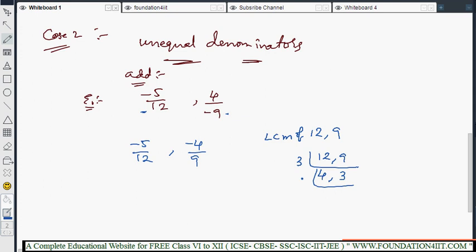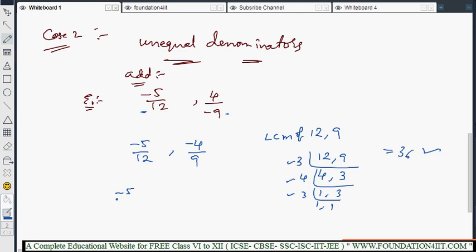So 4 and 3 have no common factors. So once you take 4, once you take 3. So 3 fours are 12, 12 threes are 36. So the LCM is 36. Just multiply 3, 4, 3.